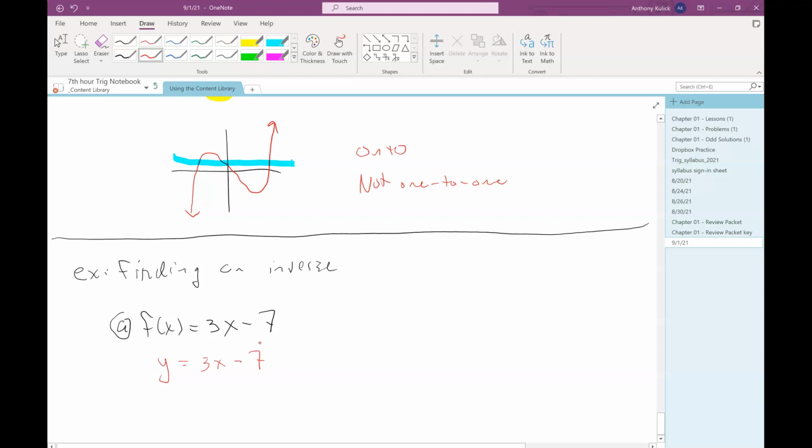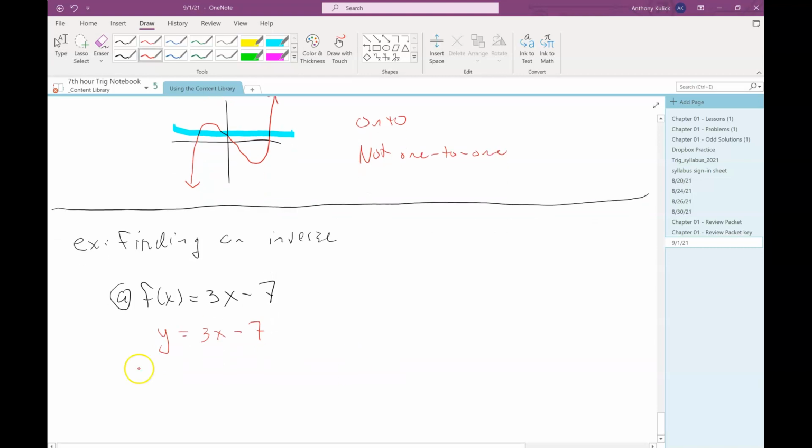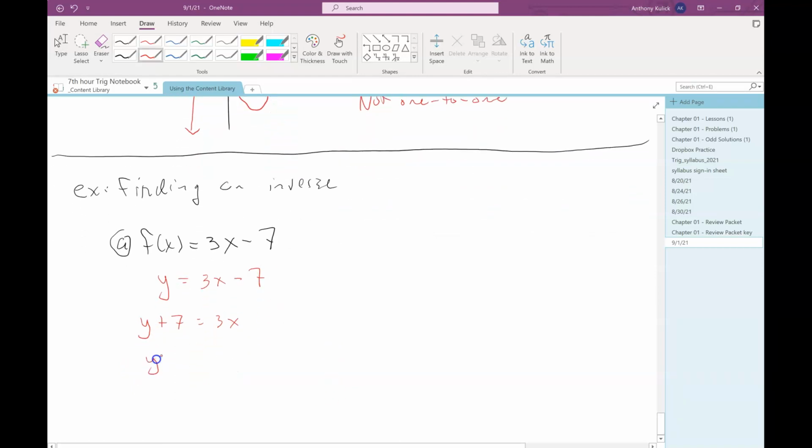And then I'm going to get the x by itself, just using algebra. In this case, I'm going to add 7 to both sides, and then divide both sides by 3. So the x is all by itself now, right?